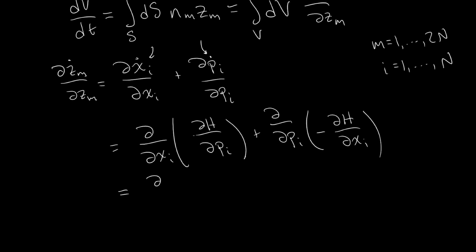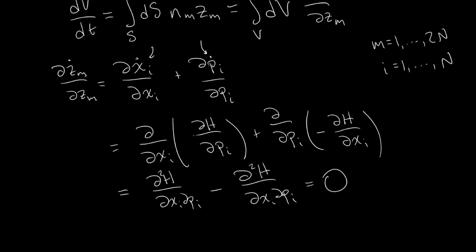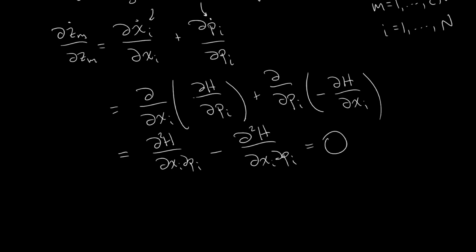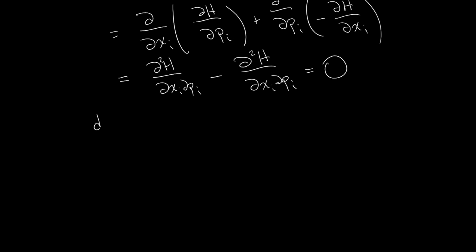So I'll get something like d2H/dx_i dp_i minus d2H/dx_i dp_i, which is 0.